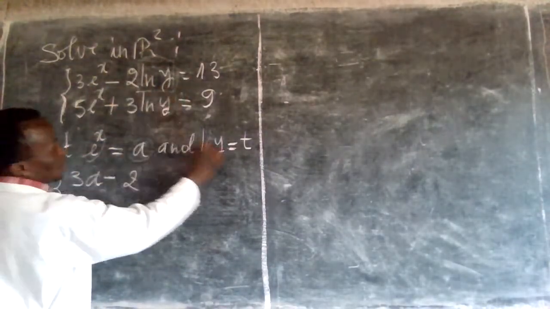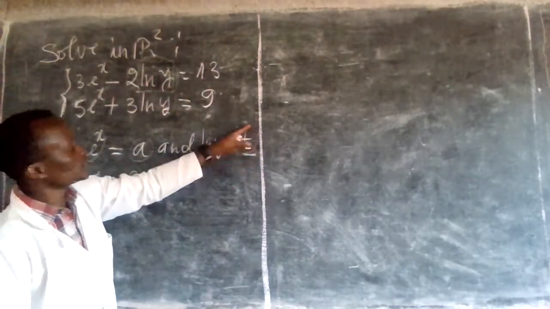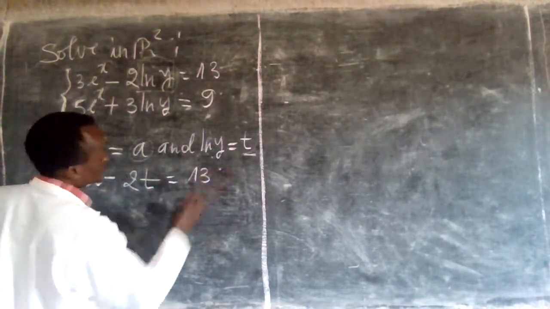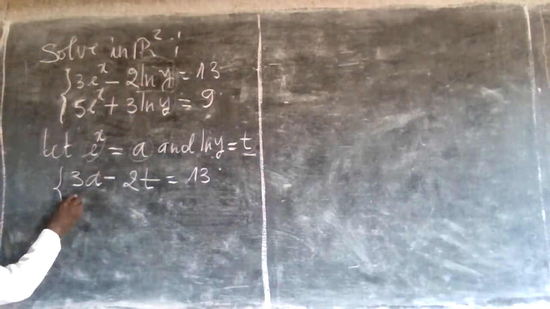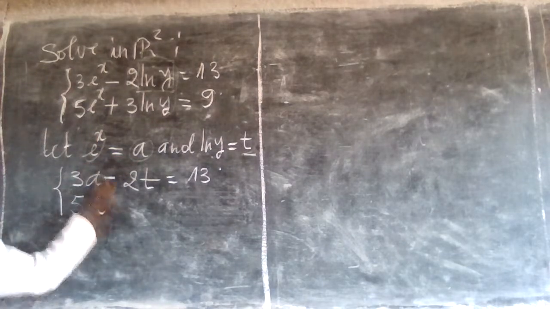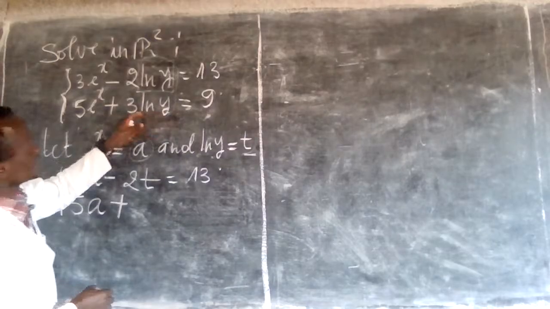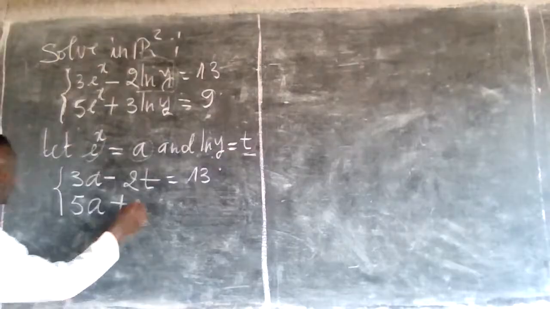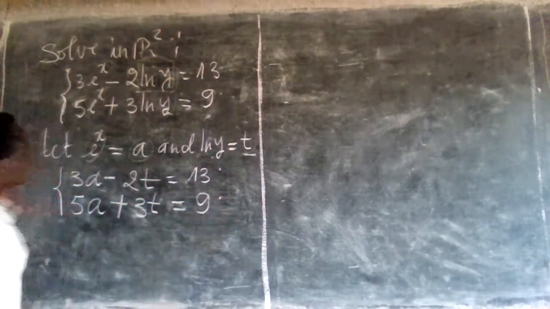We have supposed ln y is equal to t, so in the place of ln y, we put the letter t. It is equal to 13. Now the second equation, we have 5 times e power x, which is 5a, plus 3 ln y. Ln y is equal to the letter t. It is 3t, which is equal to 9.